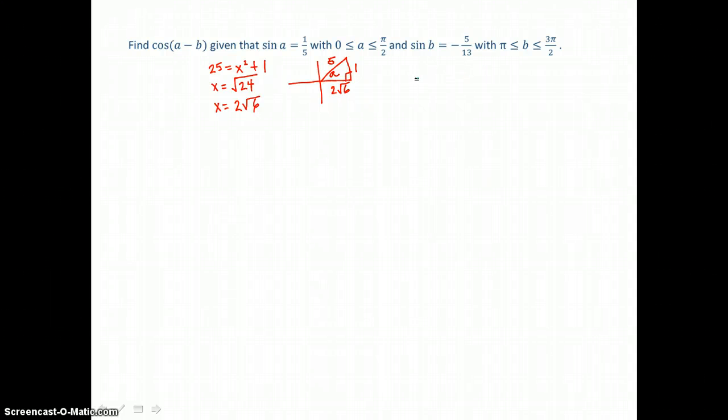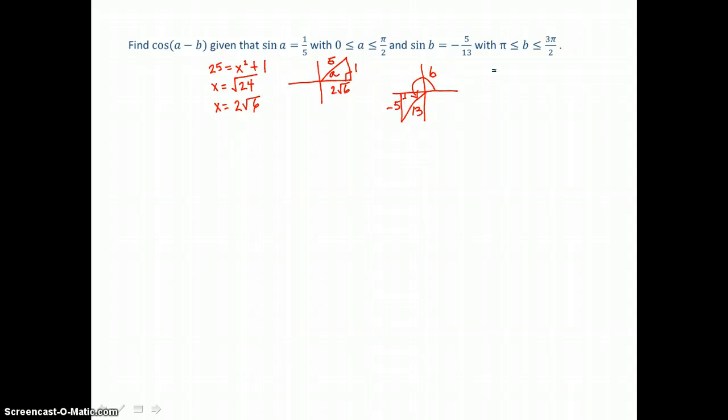Okay, and now locate B on the coordinate plane. Its terminal side is between pi and 3/2 pi, so its terminal side is in the third quadrant. This is our angle B. Applying the definition of sine to this triangle, opposite over hypotenuse, I have negative 5 and 13.